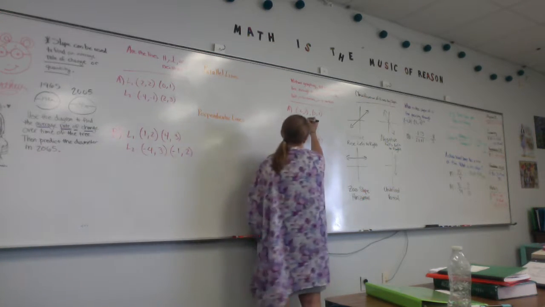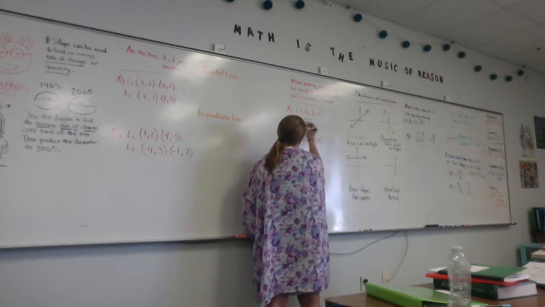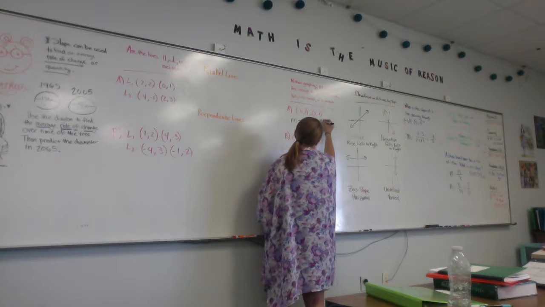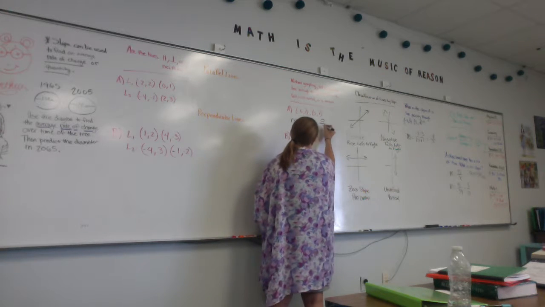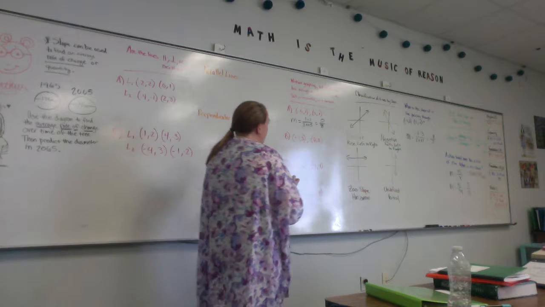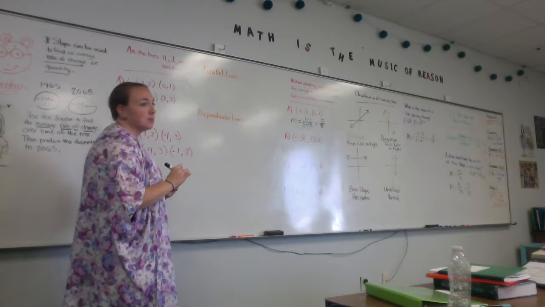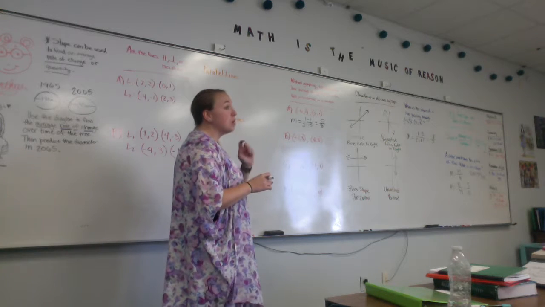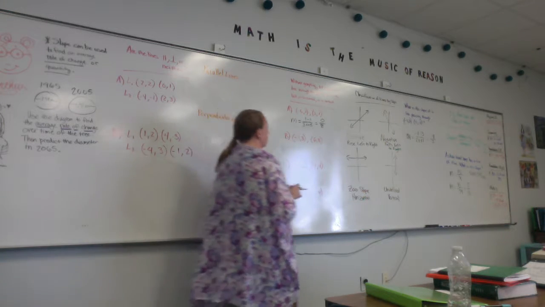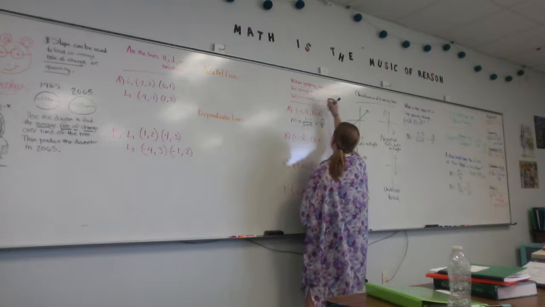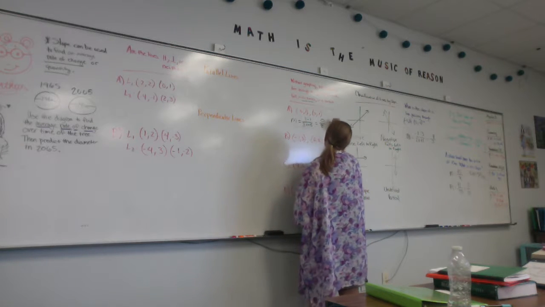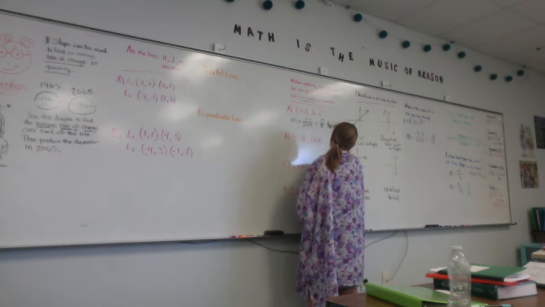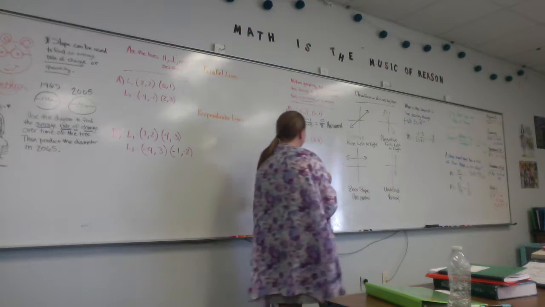Minus 1 minus 1 over 3 minus negative 5, and you get what up top? 0. And on the bottom, 8. What type of slope is that when I have a 0 on top of my fraction? It's a 0 slope, which means it's horizontal. So with this set of directions, we should be answering it's horizontal.